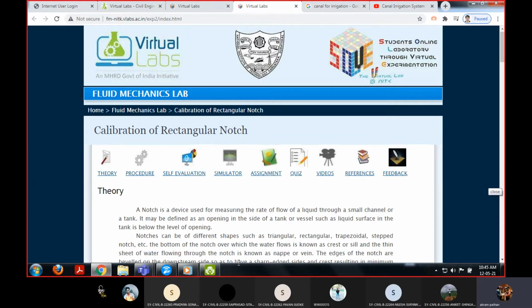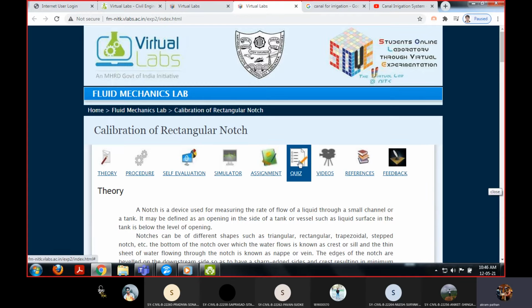The virtual lab is designed by the MHRD Government of India, through the various IITs. हे ऑनलाइन आहे, तुम्ही पण सर्च करू शकता याच्यामध्ये आणि प्रॅक्टिस करू शकता. So see here how we can measure the coefficient of discharge for the rectangular notch.